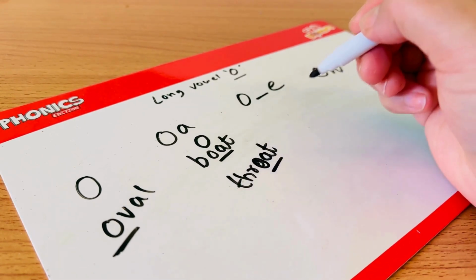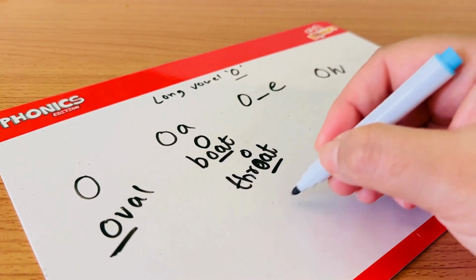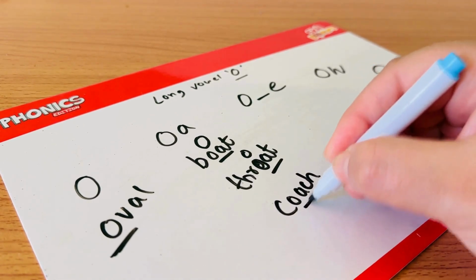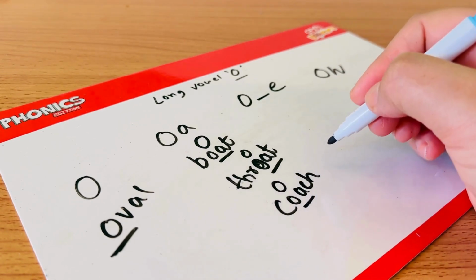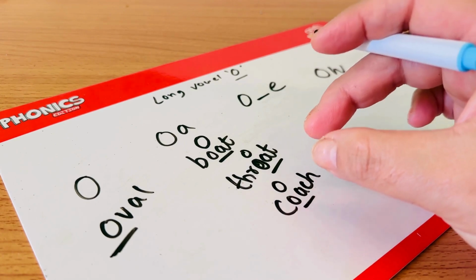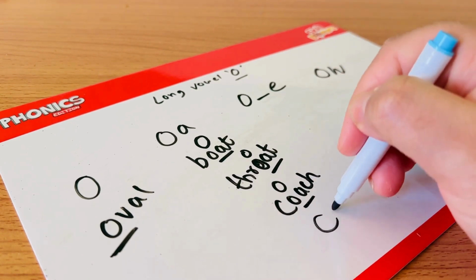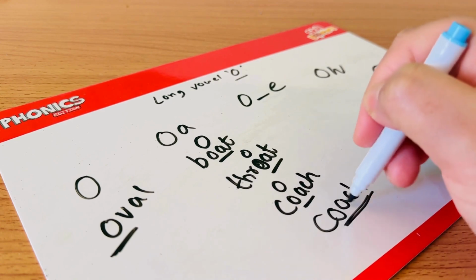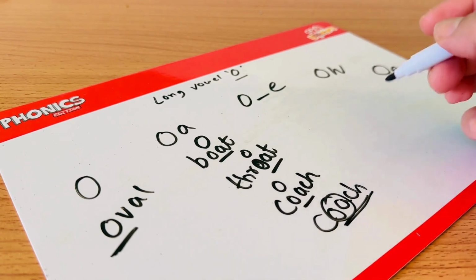O, A is only sounding like O. Coach. Can you hear the sound of letter A? I cannot hear it, but I can only listen to the sound of long vowel O. Coach.